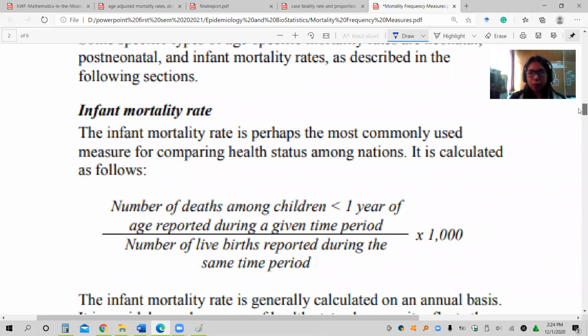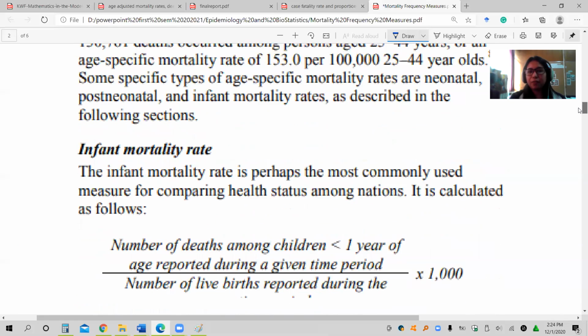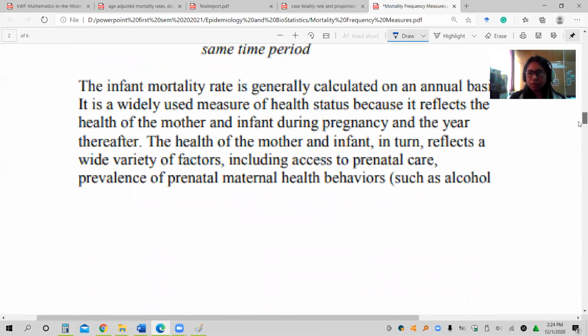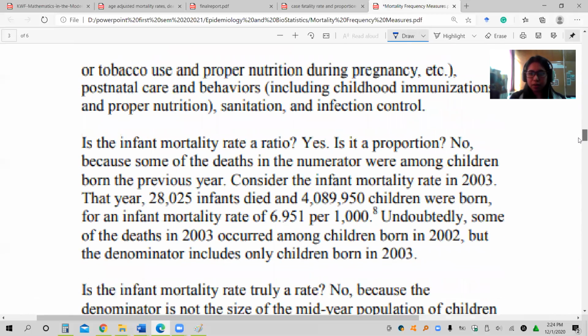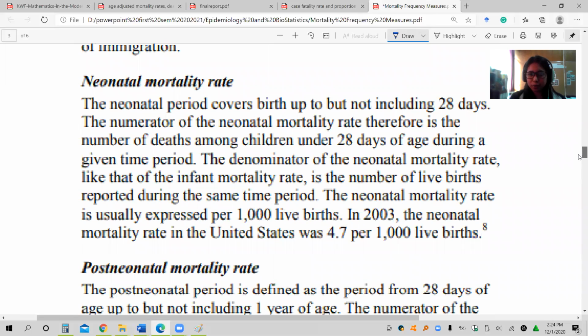Okay, so we have what we call, for age-specific mortality, the infant mortality rate. That is when we know that the individual or the children involved is less than 1 year of age. So we have the next one, neonatal mortality. This is already mentioned.